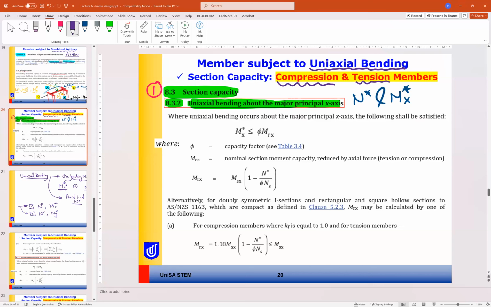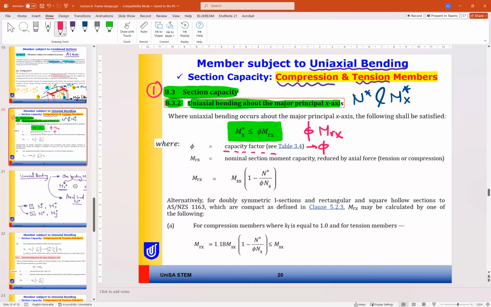So for uniaxial bending about the major axis, the design moment Mx should be less than or equal to phi Mrx. Before it was Msx if we only had bending moment. Now it becomes phi Mrx. Phi is the capacity factor.